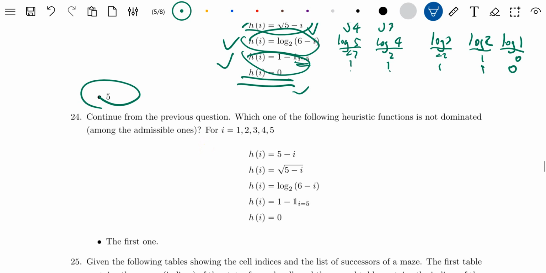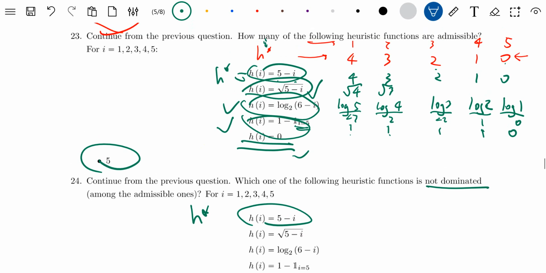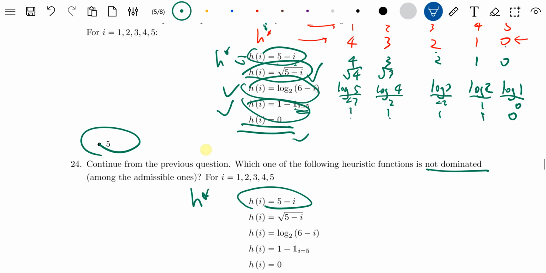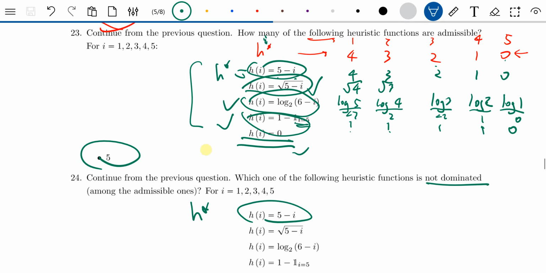Okay, so let's move on. Which one is not dominated? If you have H star, then for this particular question, H star is of course not dominated. If we don't have this, then we would just compare each row, and if one row is completely larger or equal to another row, then the larger row dominates the smaller row, so the smaller row is dominated.